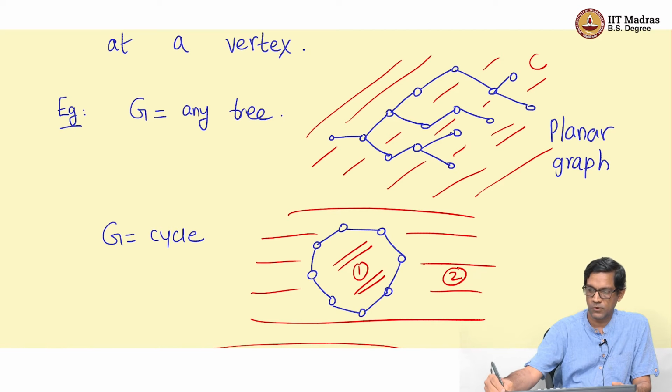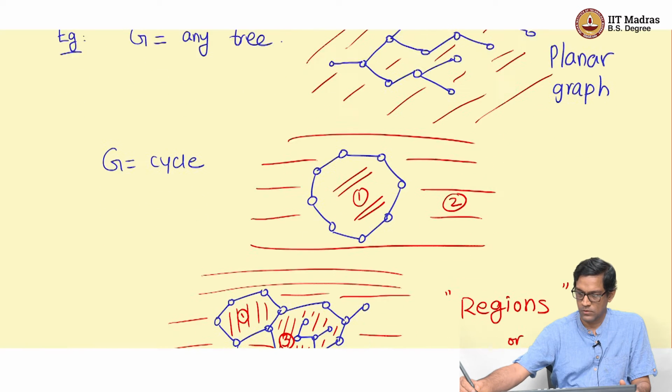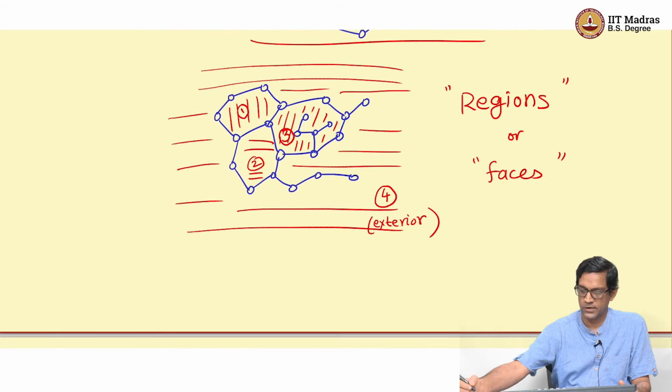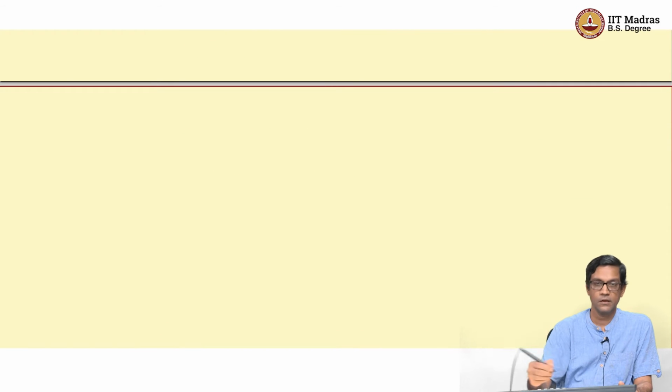So for a tree, you've only got one region. Okay, so these are the examples of regions that you have as soon as you draw a planar graph on the plane. Now here's an important theorem which you probably have seen in other contexts.